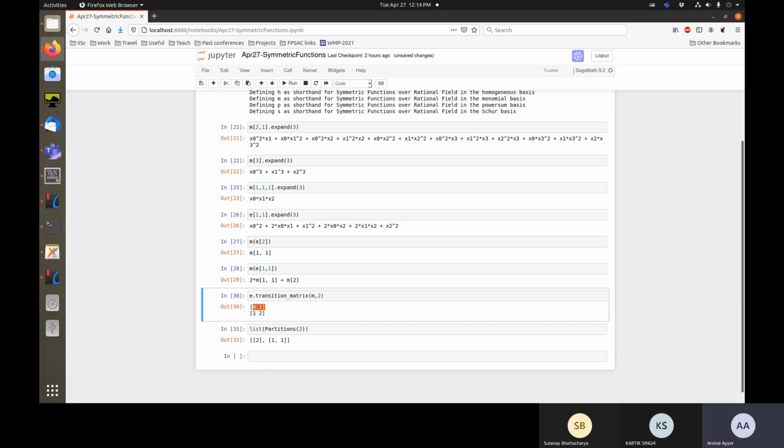And the second row is saying E11 is 1 times M2, that's this term, and 2 times M11. So Sage is naturally indexing the rows and columns by partitions, and the order of the partitions is specified. If you want to see what the order is, you just do list of partitions. Okay, so let me copy that.